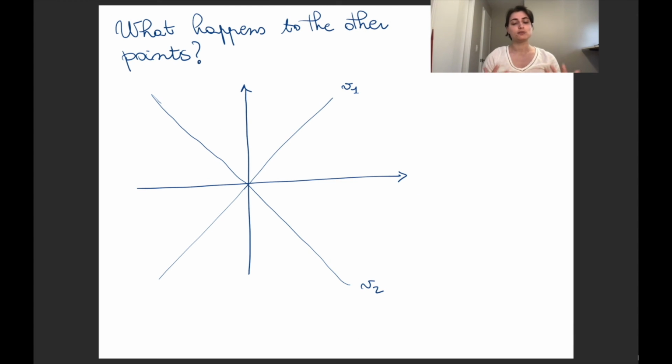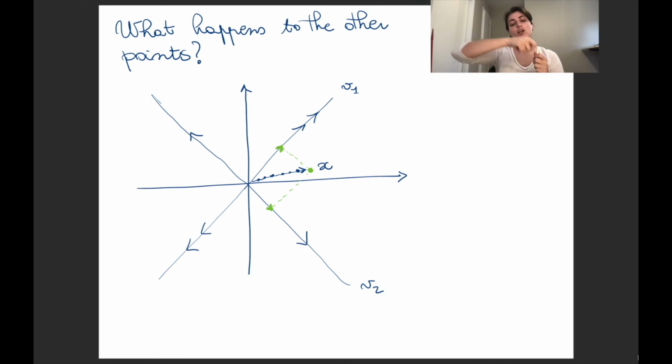So what happens to the other points? The vectors that are on eigenvectors, multiples of eigenvectors, are moved by your system depending on the eigenvalues. The points outside of that can be considered as combinations of the two eigenvectors.